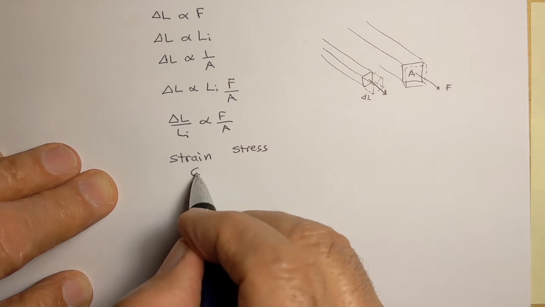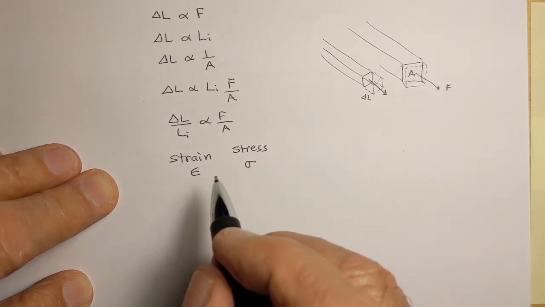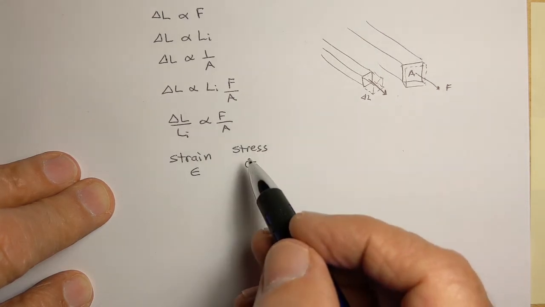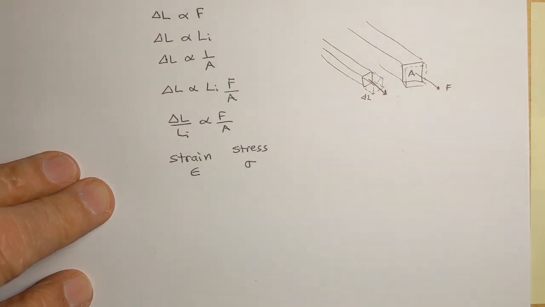This is written as an epsilon and this is written as a sigma. So we say that the strain is proportional to stress, or the stress is proportional to strain.